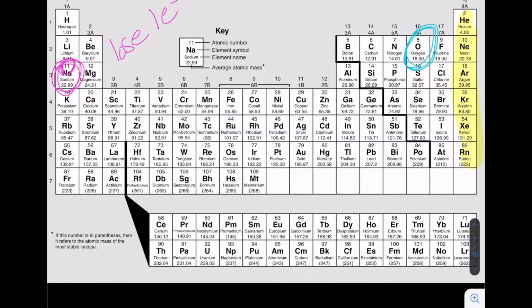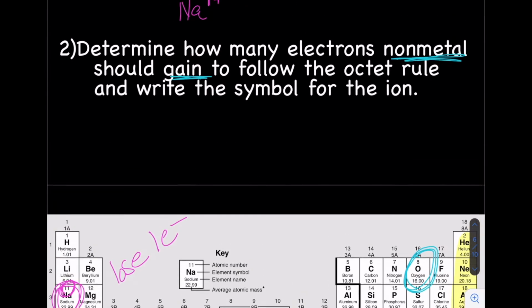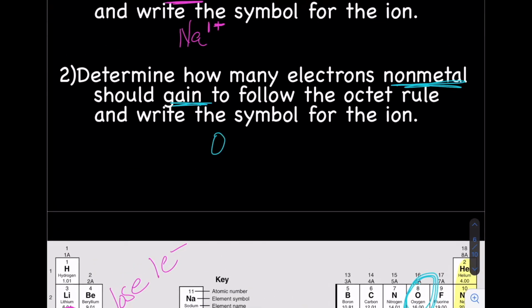He's going to gain electrons to become like neon. He has 8 electrons. He needs to gain 2 to be isoelectronic with neon, right? So if he gains 2 electrons, he now has extra electrons. So he is going to be O2 minus.